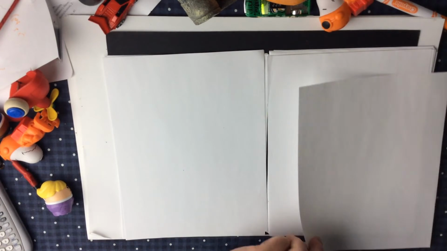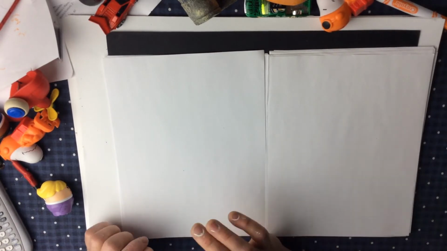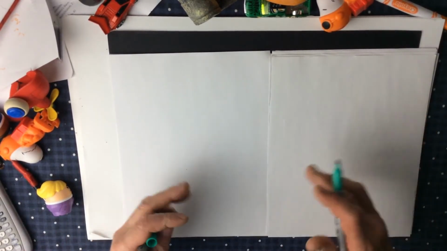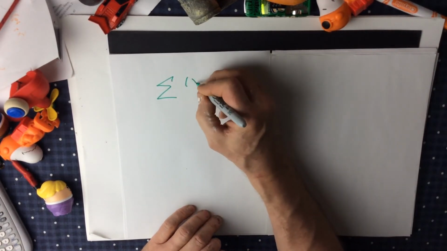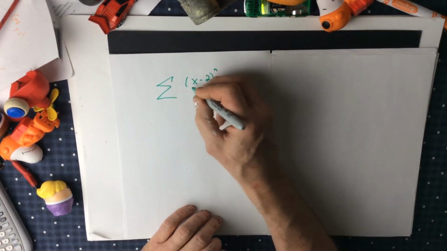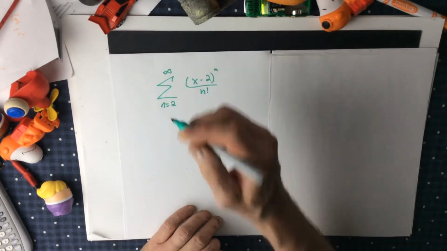Now, sometimes power series can be manipulated a little bit. So now I'm going to write down a power series that doesn't quite look right. It looks like I'm using the x wrong. So watch this one. Let's do this one: the sum of (x minus 2) to the n over n factorial, n equals 2 to infinity.